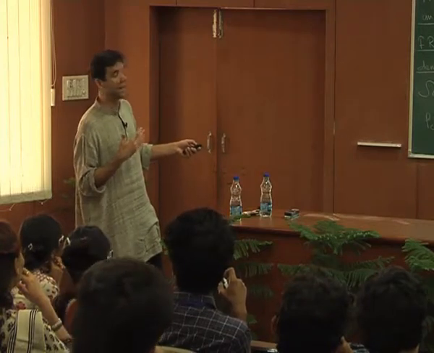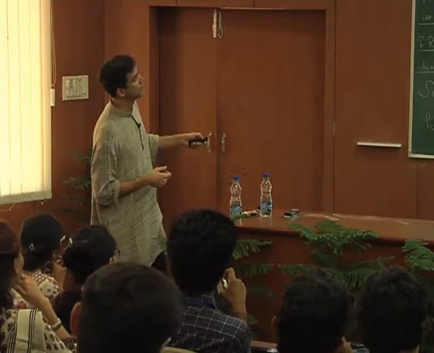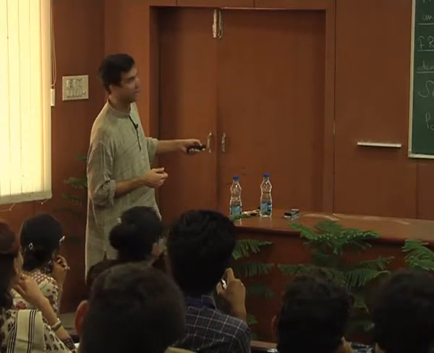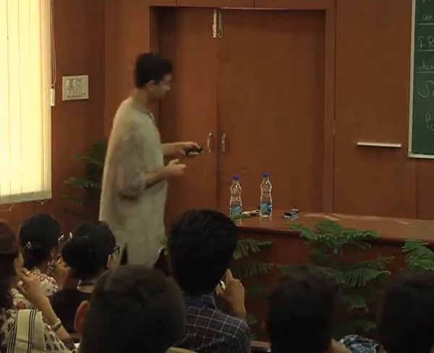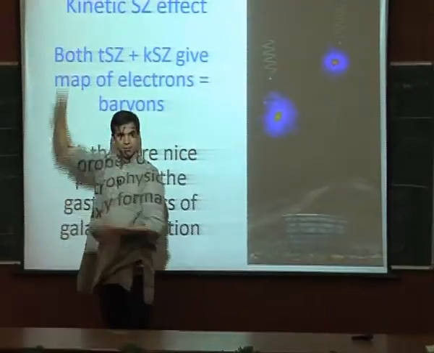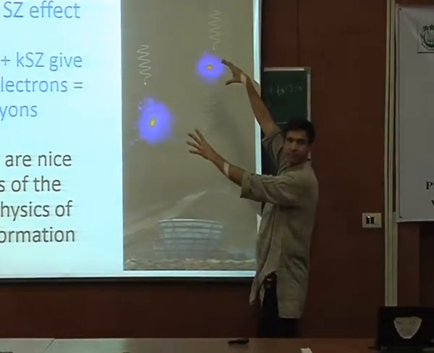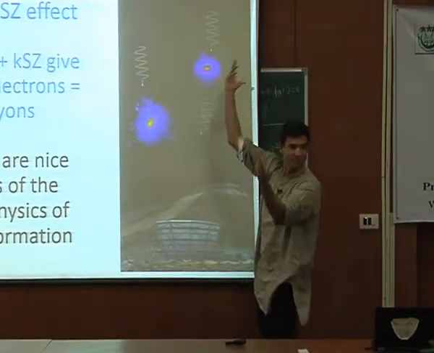But with the SZ effect, one of the things you can do is take these pairs. Suppose I have a map of the sky, and I have some clusters like this. I can take all pairs that are separated by 10 megaparsecs.